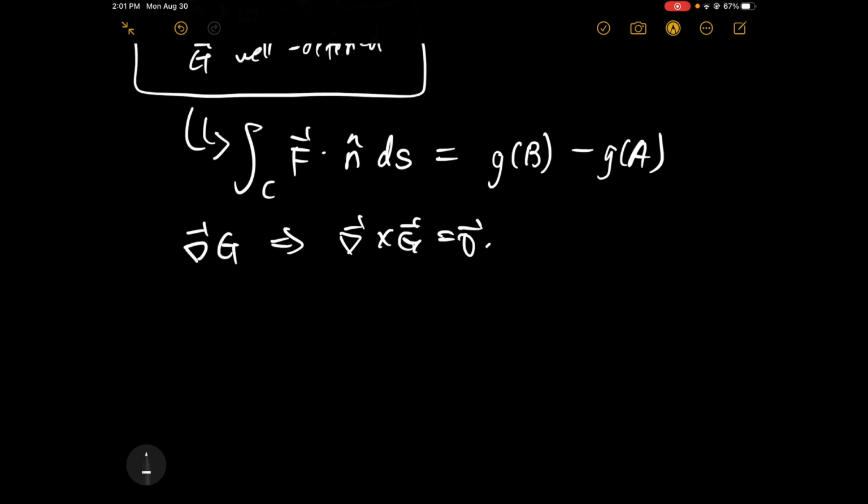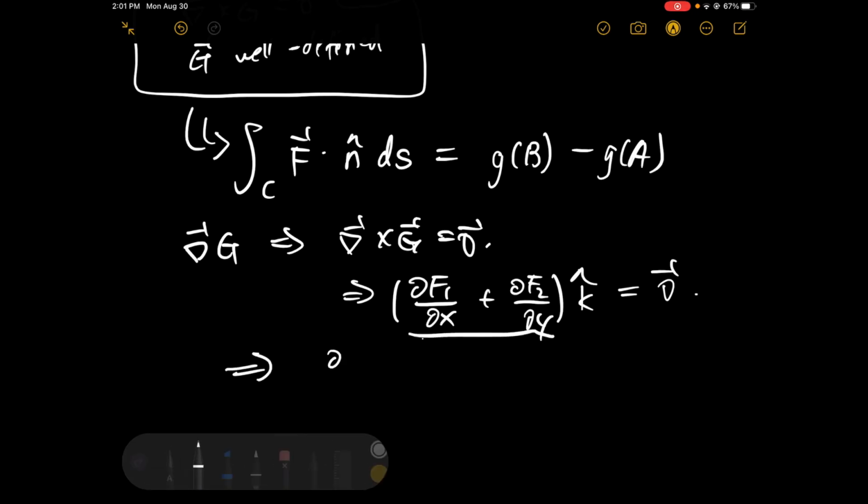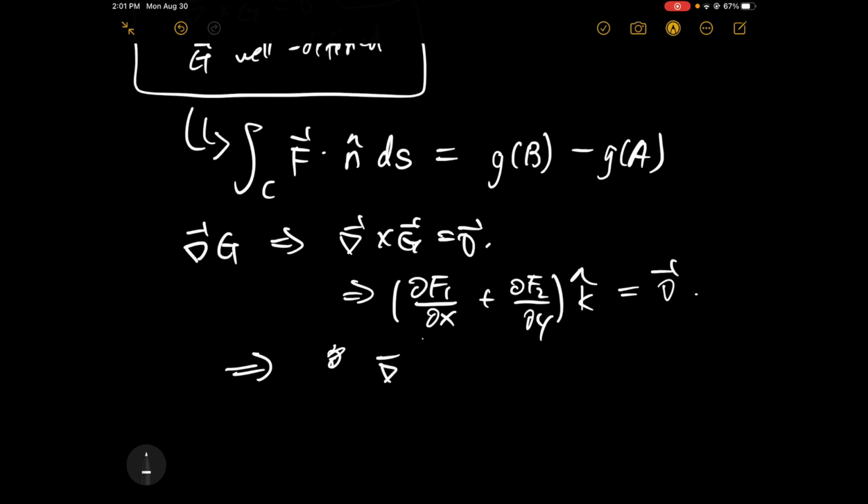So we apply the curl of G, and we end up getting df1 dx plus df2 dy times the k unit vector, and we notice that this has to be 0, which implies that the divergence of F, because this is the divergence of F, simply needs to be 0.